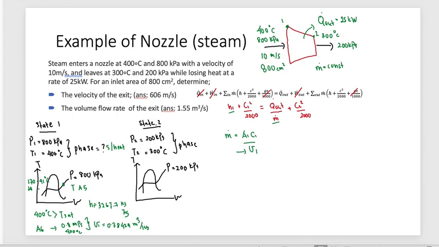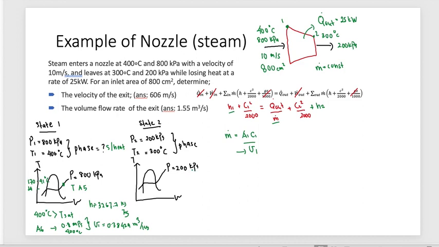Next we go to state 2 because I want to find H2. Here again I have to do the same procedure as I did in state 1. I have two intensive properties, 200 kPa and a temperature of 300 degrees Celsius. I don't know the phase, so I have to check with a TV diagram.